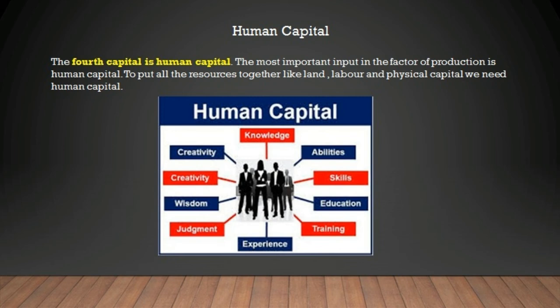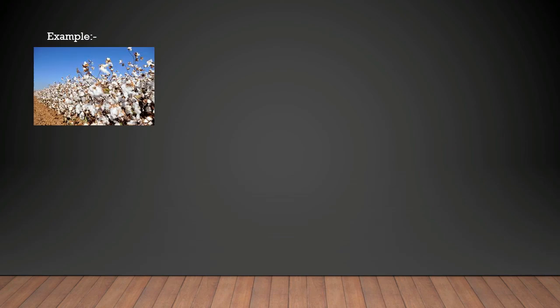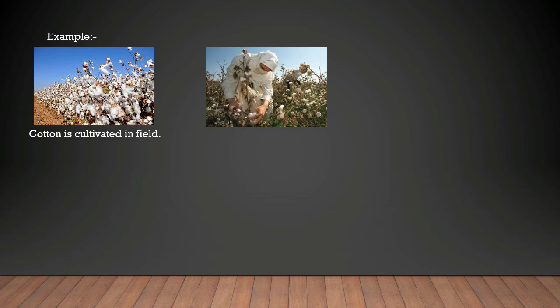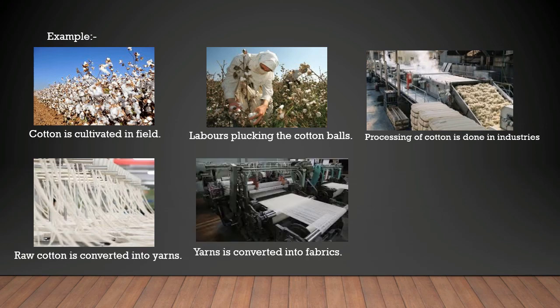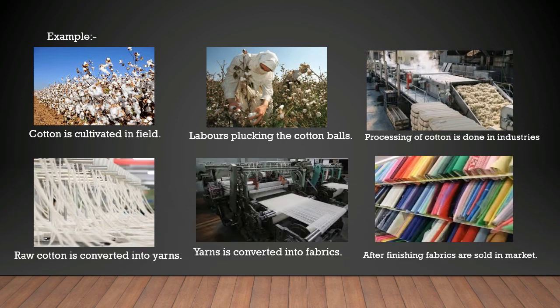Now I am going to give you one example which will show you how all these factors are involved in the production of clothes or fabrics from cotton. First, you require natural resources to produce cotton. Once the cotton is ready, laborers pluck the cotton balls, and after that it is transported to industries where it is processed. After processing, it is converted into yarn.